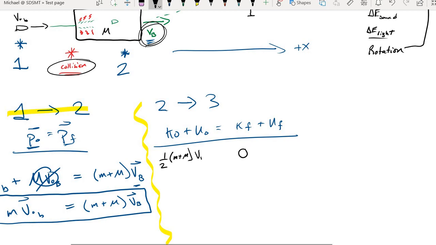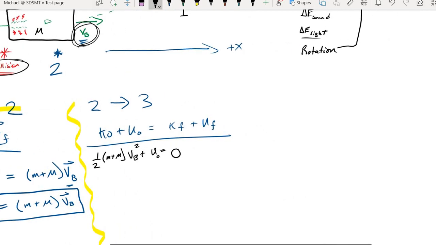I think I called it a block, it should be a log, but same difference at this point. But we have the big block here that's going to be traveling at that unknown velocity VB after the collision, plus whatever the initial potential energy of the system is, and that's all going to have to equal the final potential energy.